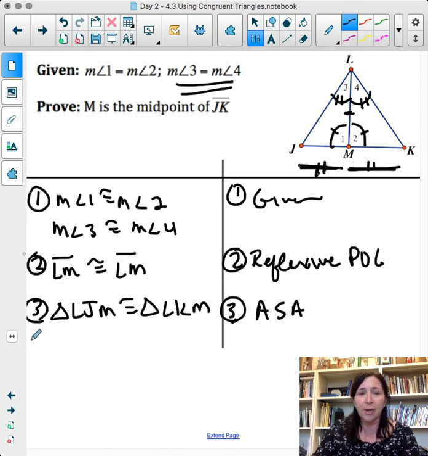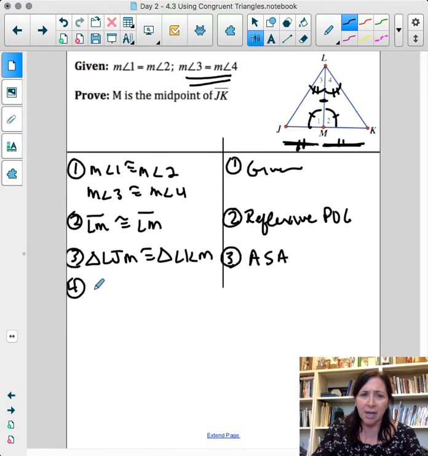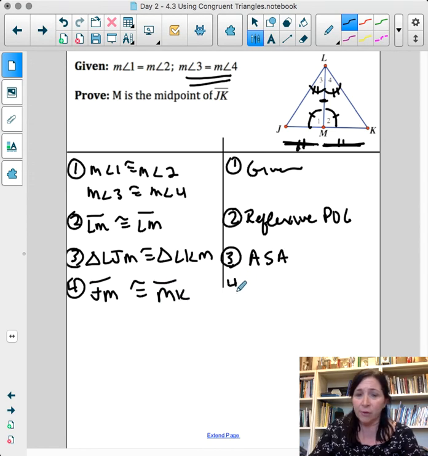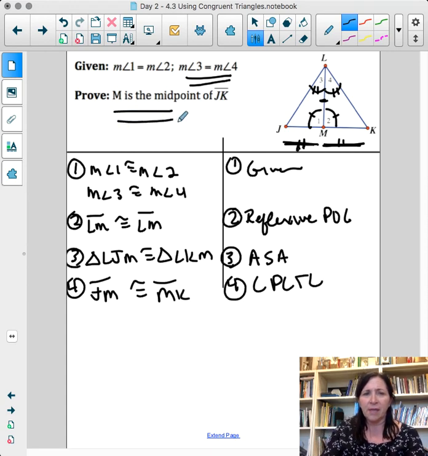And therefore, the two triangles are congruent, the parts are congruent. So now I can say that line segment JM is congruent to line segment MK, and that's the parts congruent by CPCTC.